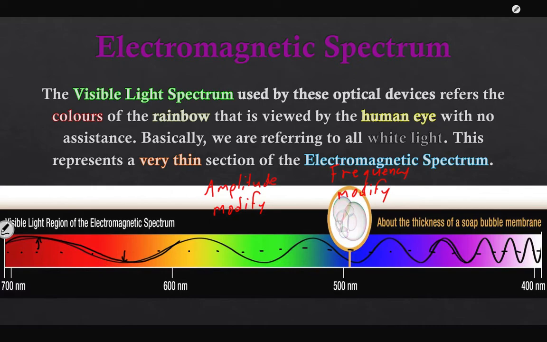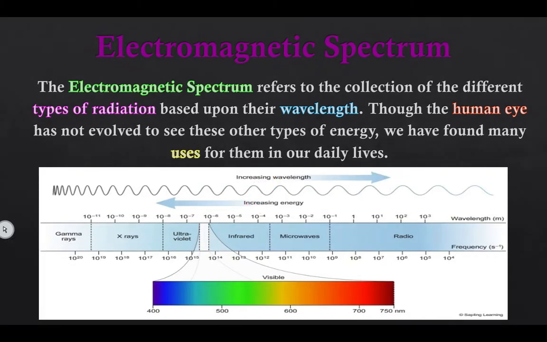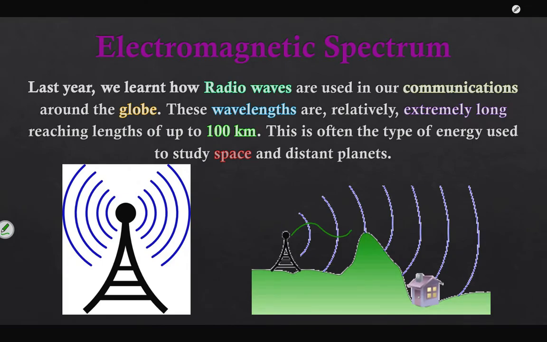So when you listen to an FM radio and it's modifying the frequency, the way that the radio is actually telling your speakers what to do is it has these waves right here. And it would be like, so that is a relatively long wave, and then it would have a shorter one.